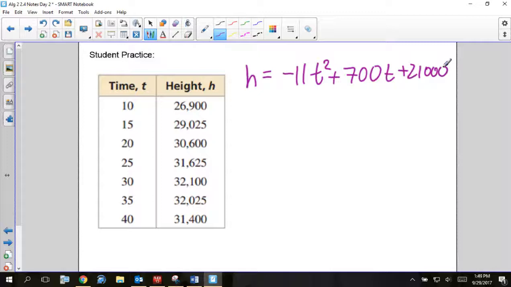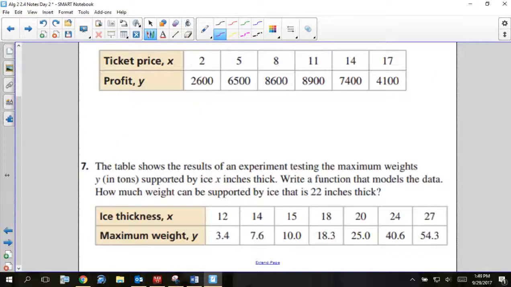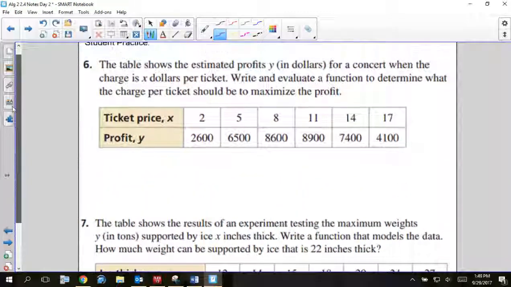So you didn't need to go any further. I'm going to try one more. Okay, let's just do number 6.